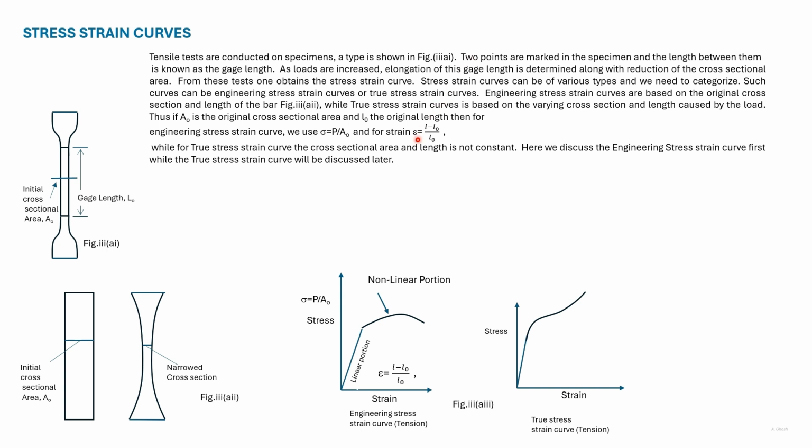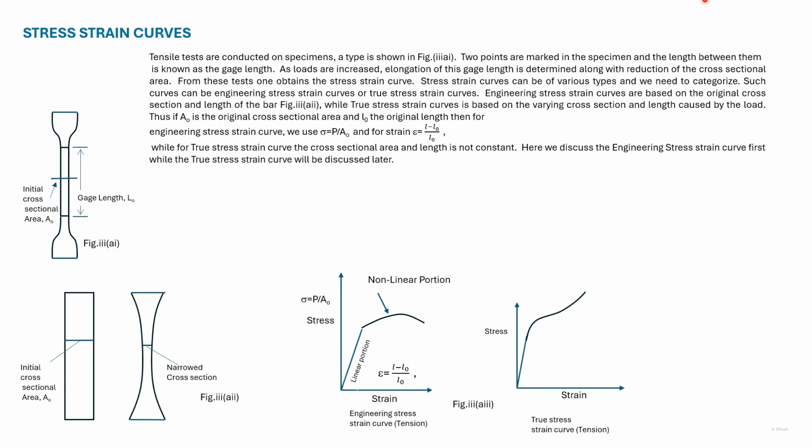Strain is increase in length divided by the original length. In the true stress-strain curve, the actual cross-sectional area is used. Also, to find strain, the changing length rather than the initial length L0 is used.